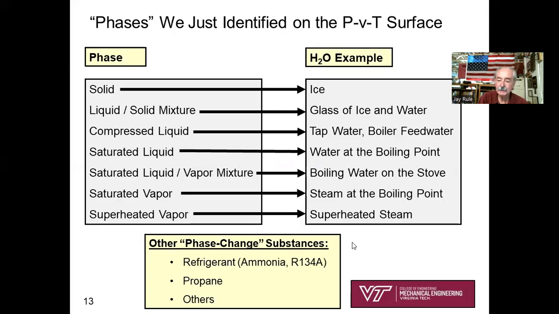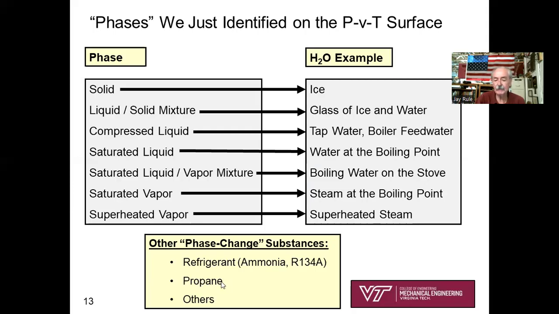There are other phase change substances other than just good old H2O, and those would be refrigerants, things like ammonia and R134A, and both of these would be considered refrigerants. R134A would be the type of refrigerant you have in your home air conditioning system, for example. Another phase change substance would be propane.